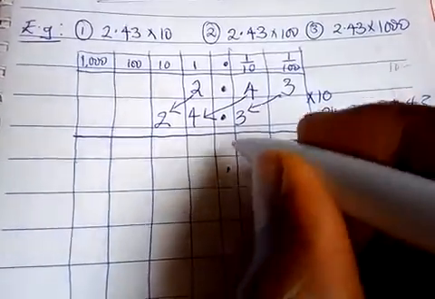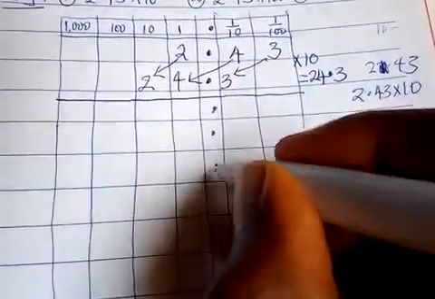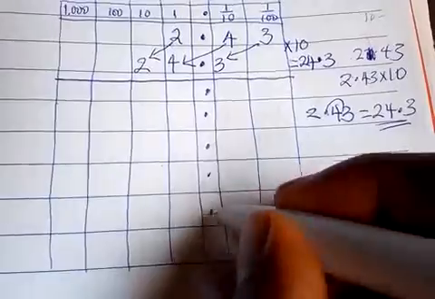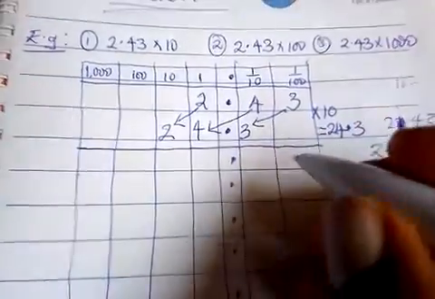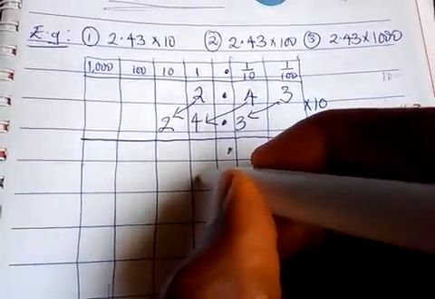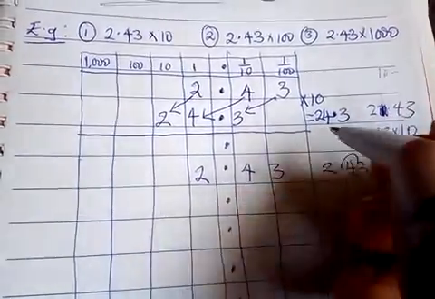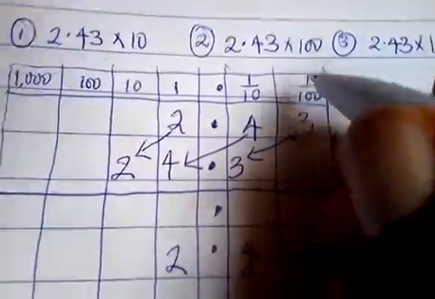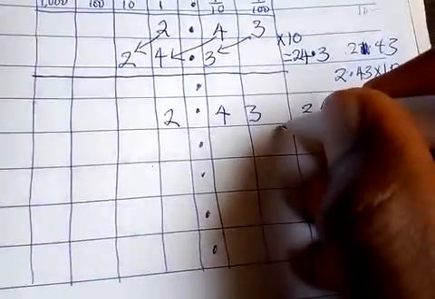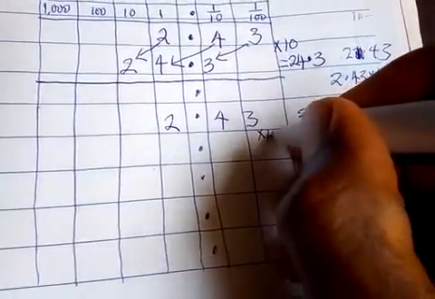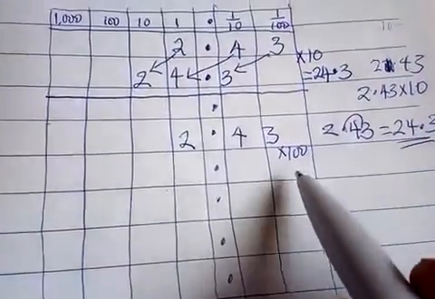You can just place a dot so that you don't make a mistake by placing it somewhere else. So 2.43 times what? 100.